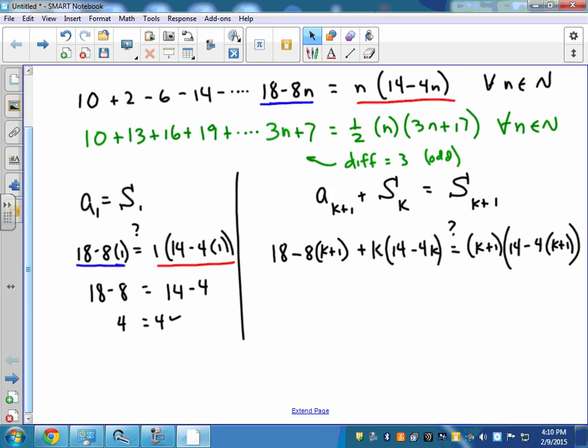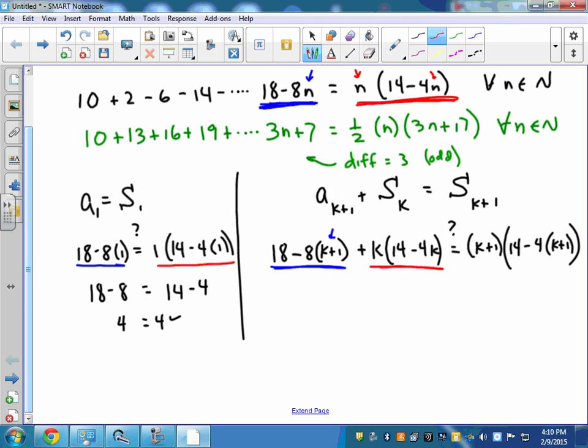Okay, and then we just have to see that this is true. Remember, this comes from replacing the letter n with k plus 1 in the nth term. This comes from replacing the letter n with k.